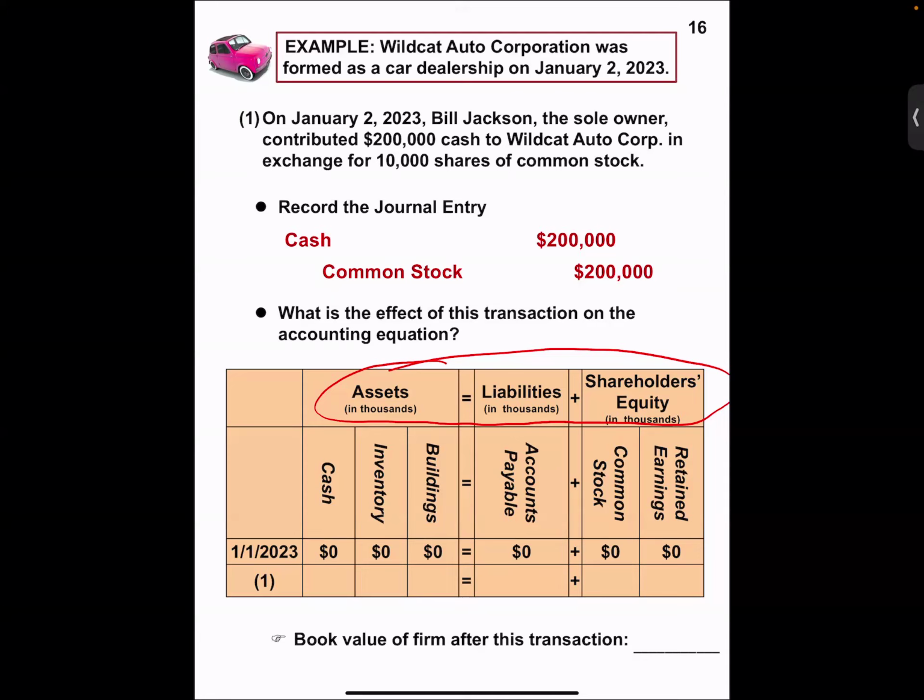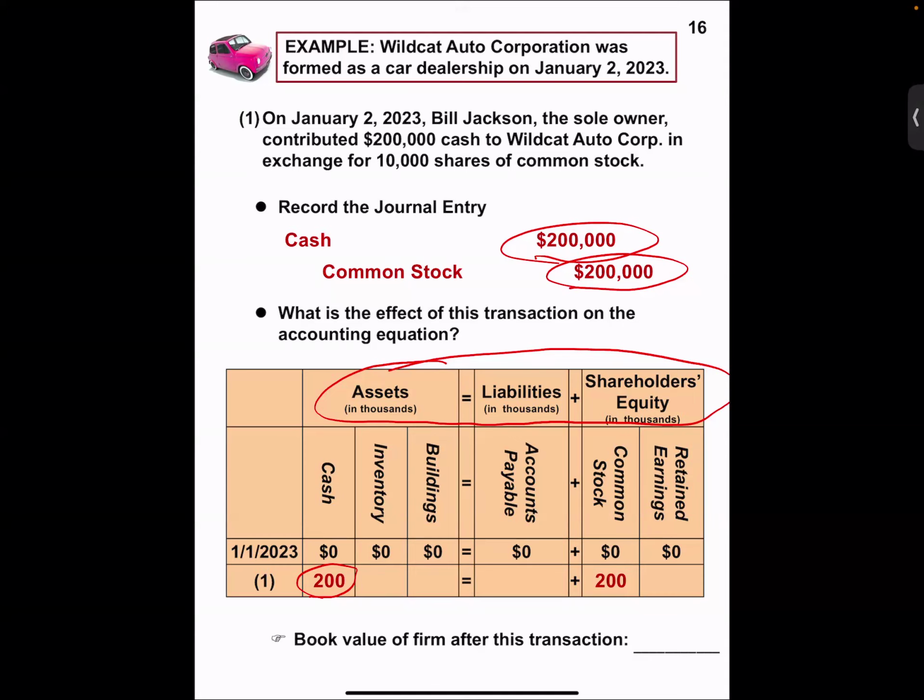So come down here, this is journal entry number 1. What happened here? Well, as we can see, cash increased 200,000, knocking off the 3 zeros. Then common stock also increased 200,000. We record the $200,000 under the common stock account. Okay.